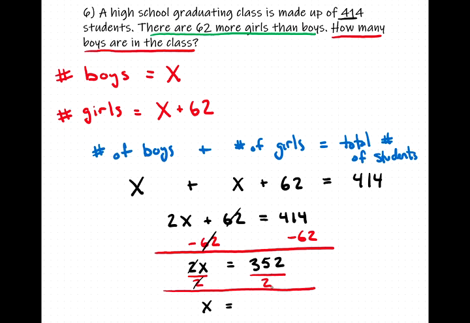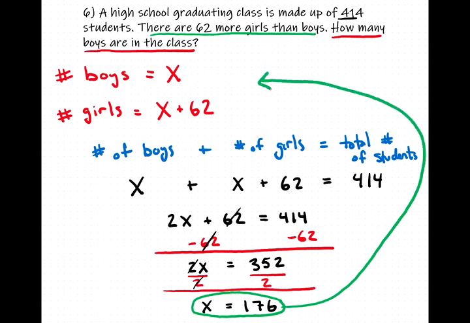Divide that by 2, we get 176. So x is equal to 176, and from the very beginning, x is the number of boys. So that answers the question.